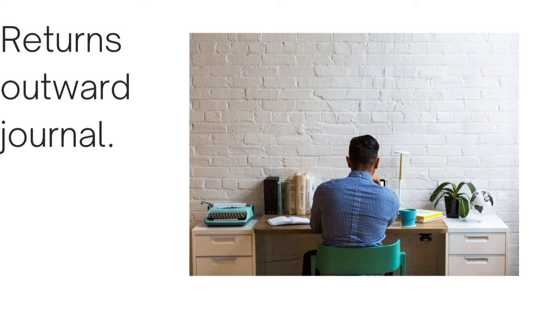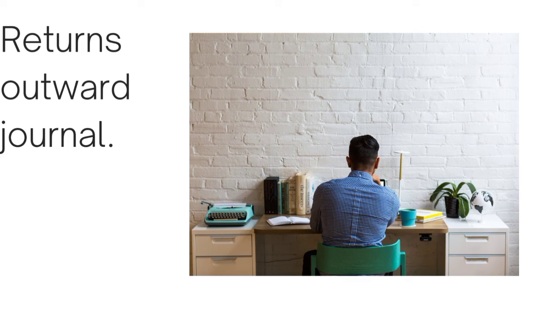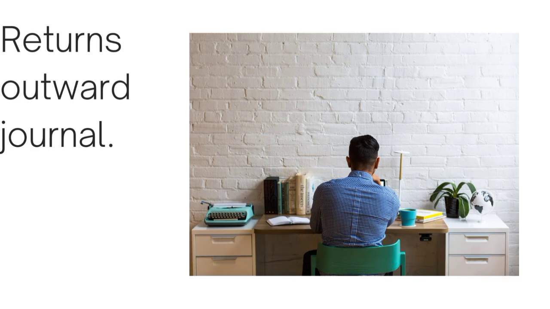Now, return outward journal. This is also known as purchase return, which is returning of goods from an organization to their supplier, and it is normally recorded or transferred to the credit side of the return outward account in the general ledger. Okay?